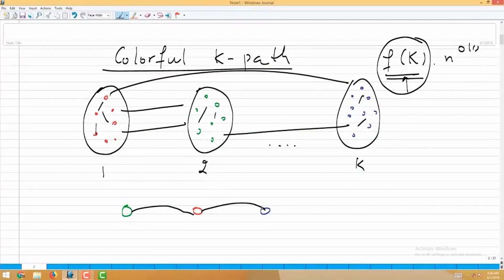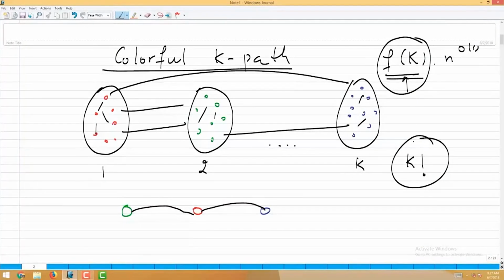So if there was one colorful path in the graph, then I would get a colorful path for at least one of these orderings, right? And if I am not able to find a colorful path for any of these orderings, then there was no colorful path to start with, right? So we spent k factorial time, and in this k factorial time we enumerate all possible orderings of these colors, and then for every possible ordering, we try to find out whether there is a path in the graph that respects this ordering.